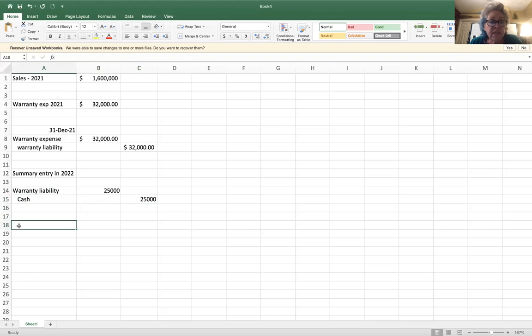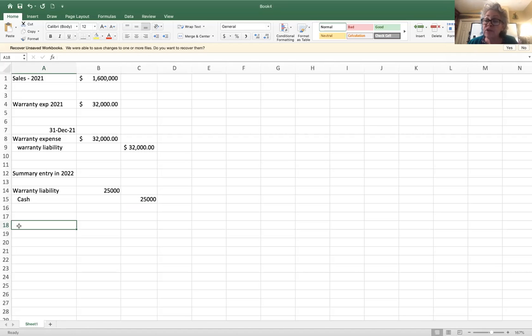So this is the actual warranty cost that they had in 2022, but on the 2021 sales. Then in 2022, they overestimated the amount that they expected. They expected warranty to be $32,000. It was only $25,000.